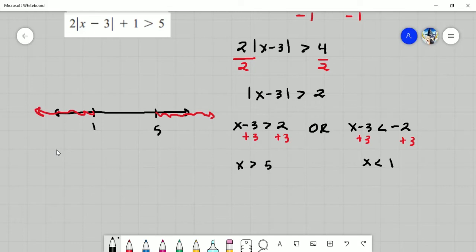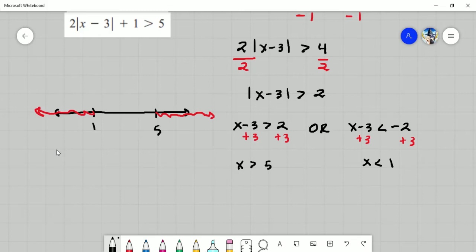So again, that checks out. So all of my solutions that are less than 1 or greater than 5 will make this inequality statement hold true.